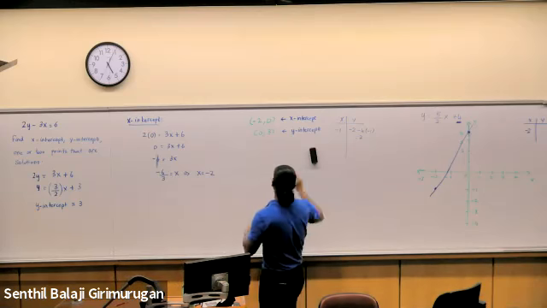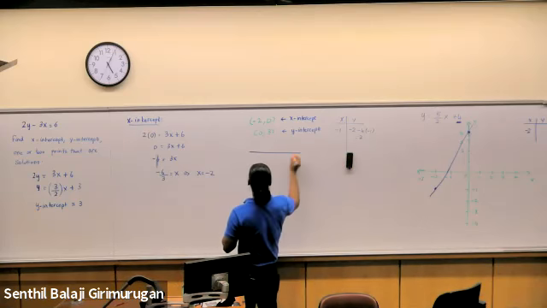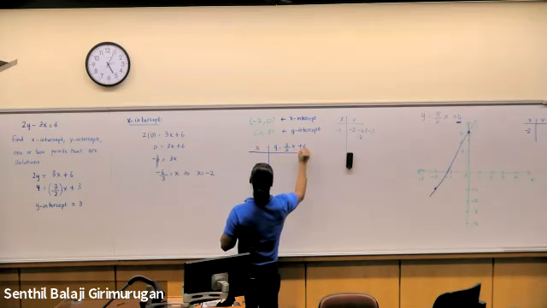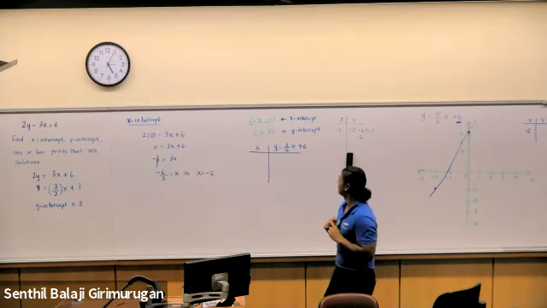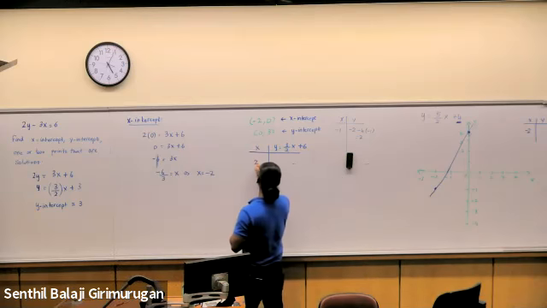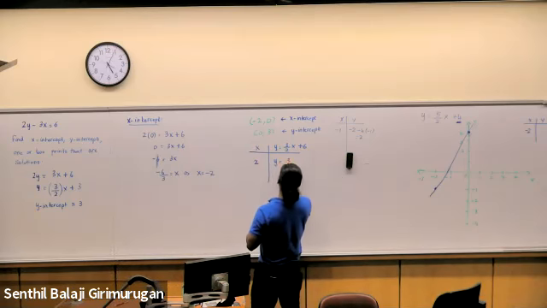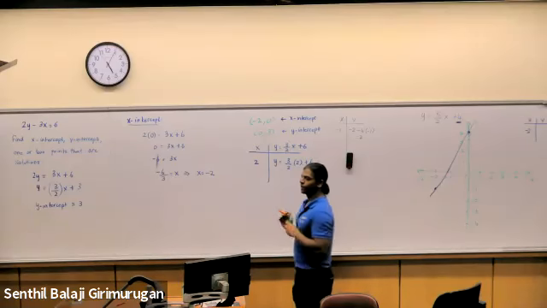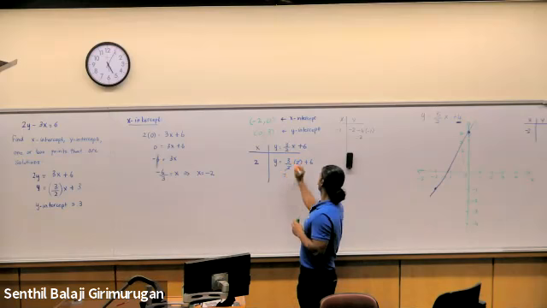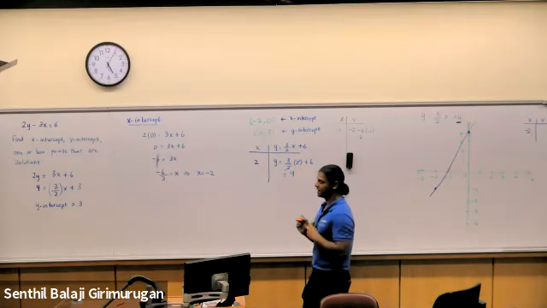It's pretty straightforward. So I could pick an easy number. Who wants to give me an easy number? 2. So y would be equal to 3 over 2 times 2 plus 6. What would happen to the 2's? So 3 plus 6 is 9.